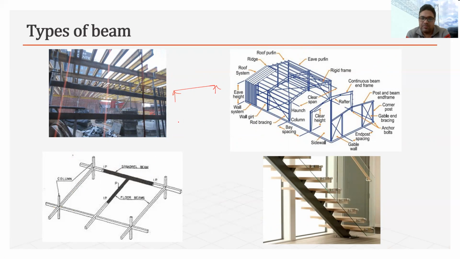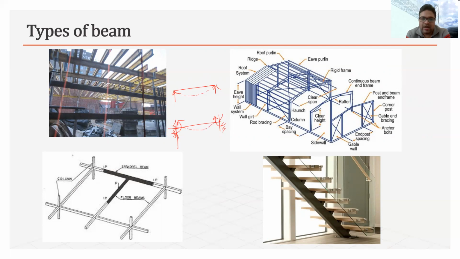Similarly, if a beam is a fixed beam, the notation is like this one. In that case, it is providing vertical reaction, it is providing horizontal reaction, and also it is preventing the rotation. So in this case, the bending of the beam will be like this one, and in this case, the deflected part of the beam will be this one.